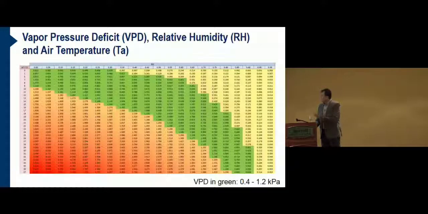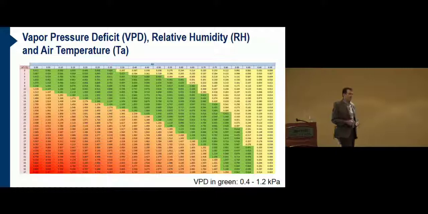All right. Charts like this are also helpful, and you saw a version of this in Murat's presentation, presenting the air temperature and relative humidity and the vapor pressure deficit based on those two environmental variables, to see where your climate actually falls. The green portion of this chart shows a vapor pressure deficit in the range of 0.4 to 1.2 kilopascal.